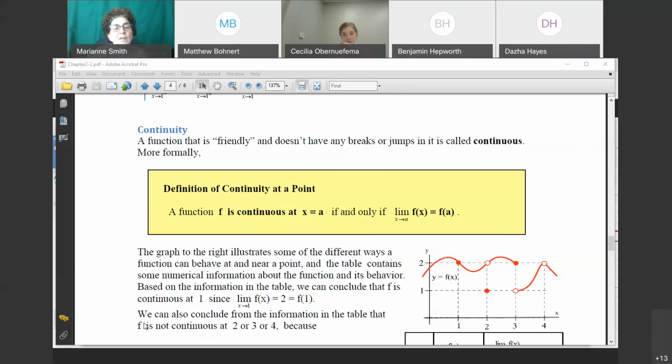Okay, non-continuous functions that we're going to be dealing with are usually going to either be rational or piecewise functions. Okay, so it's important to be able to recognize those.